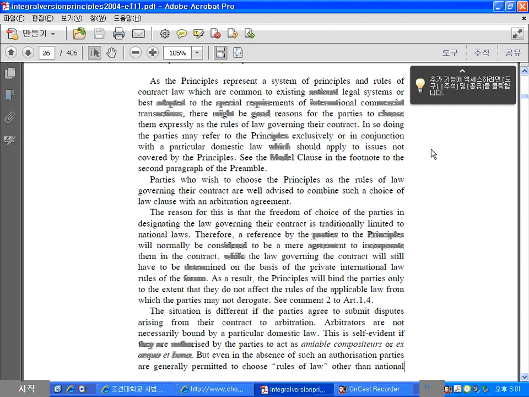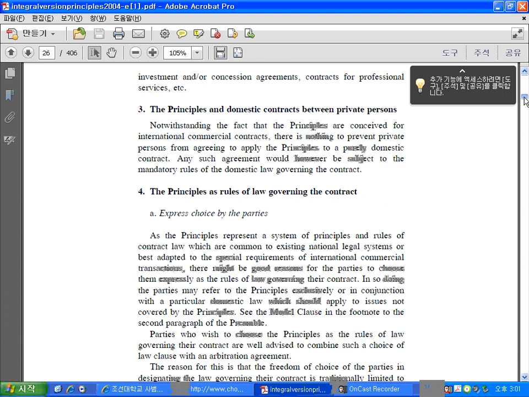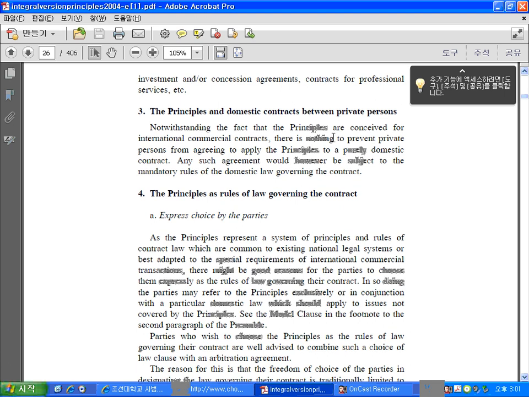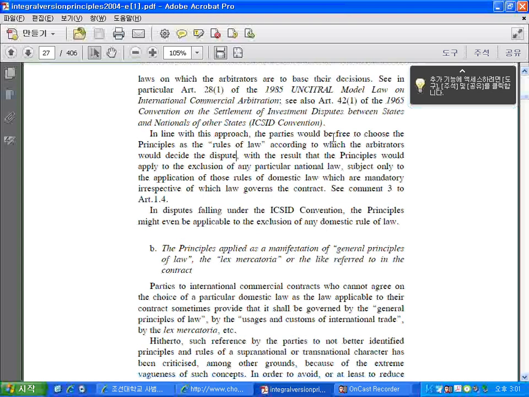The situation is different if the parties agree to submit disputes arising from the contract to arbitration. So that is also a point advisable for patronizing arbitration when the parties choose the principles as the governing law. Some mandatory clauses should be focused on.